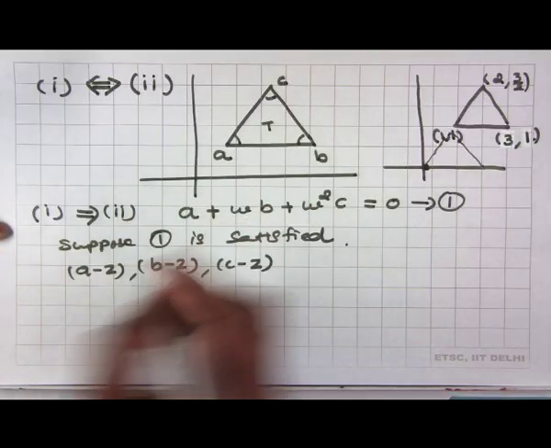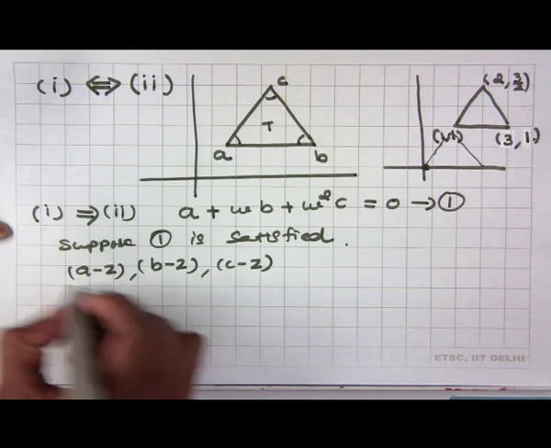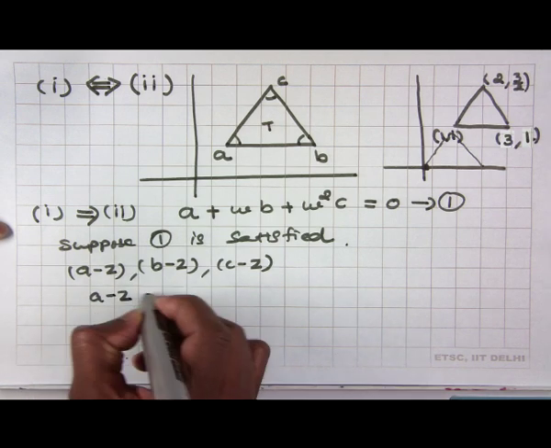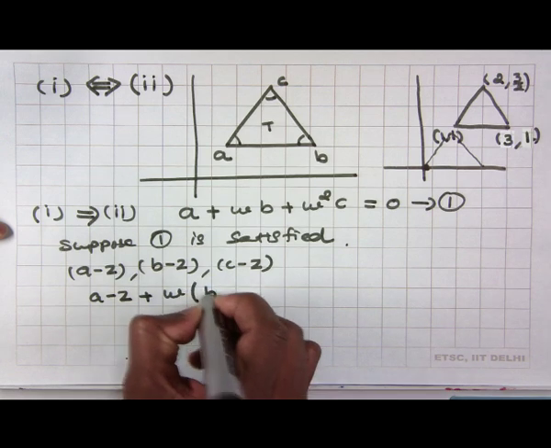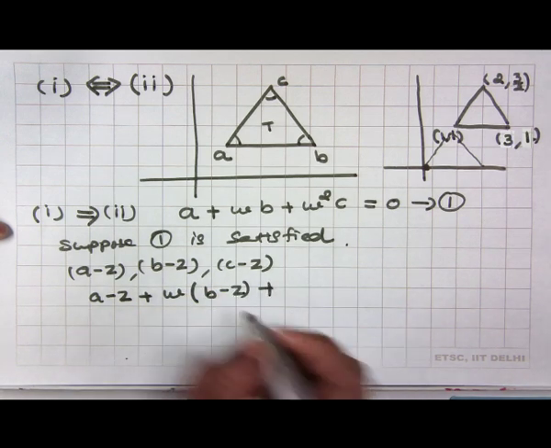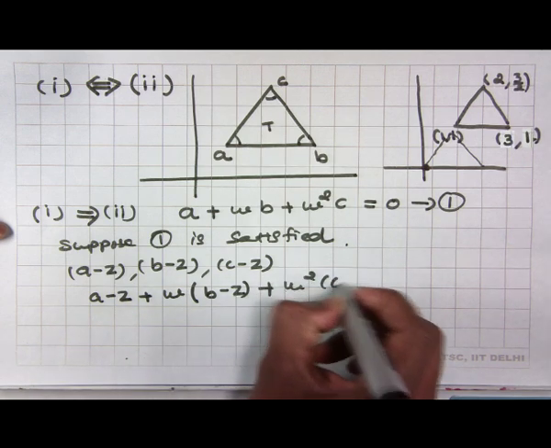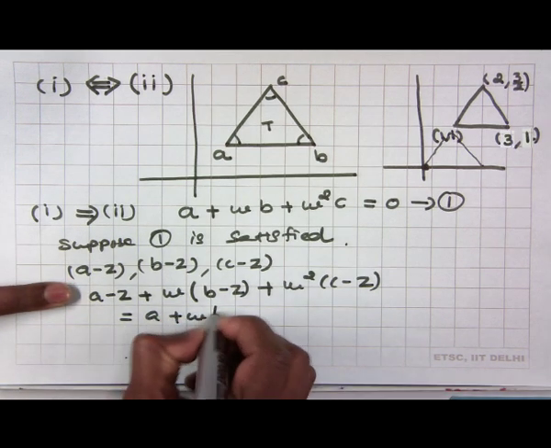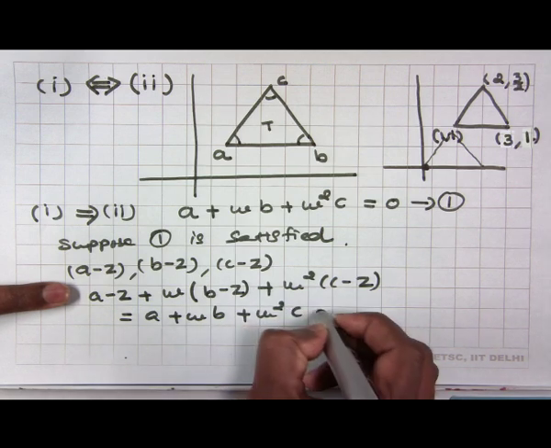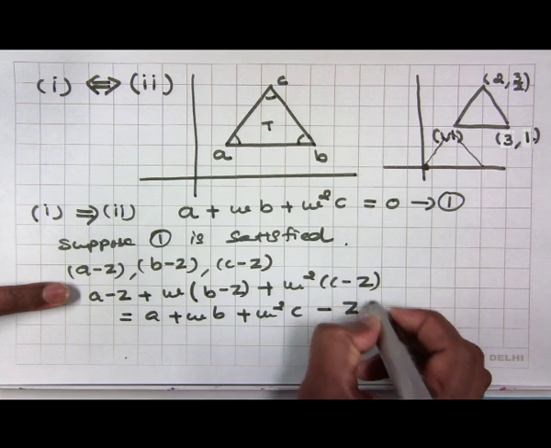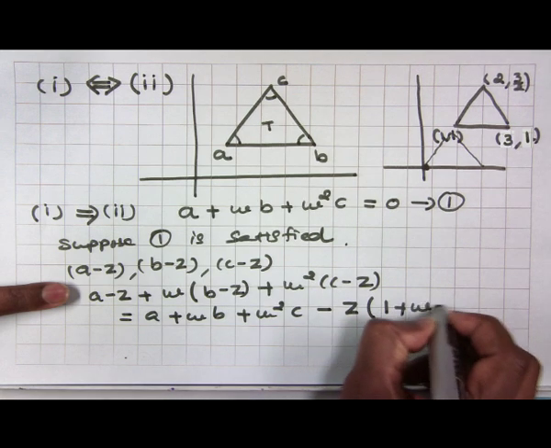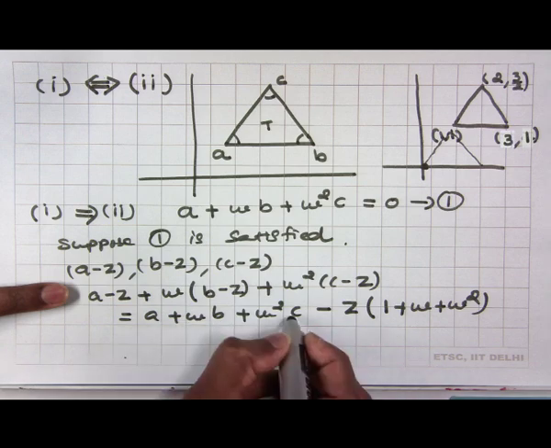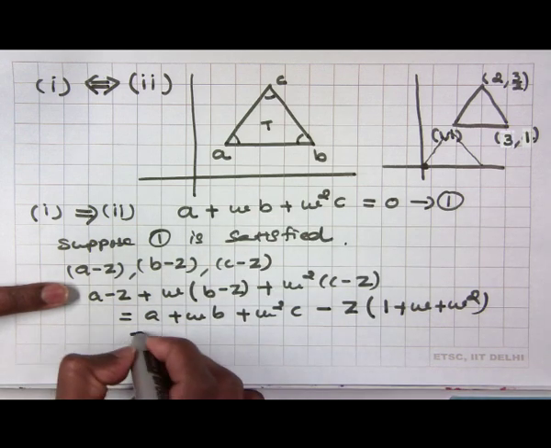Just try it, substitute these vertices in the equation. It is A minus Z plus omega times B minus Z plus omega square times C minus Z, which is the same as A plus omega B plus omega square C minus Z as a common factor times 1 plus omega plus omega square, which is 0. Since the equation is satisfied for A, B, C, we see that this is 0.